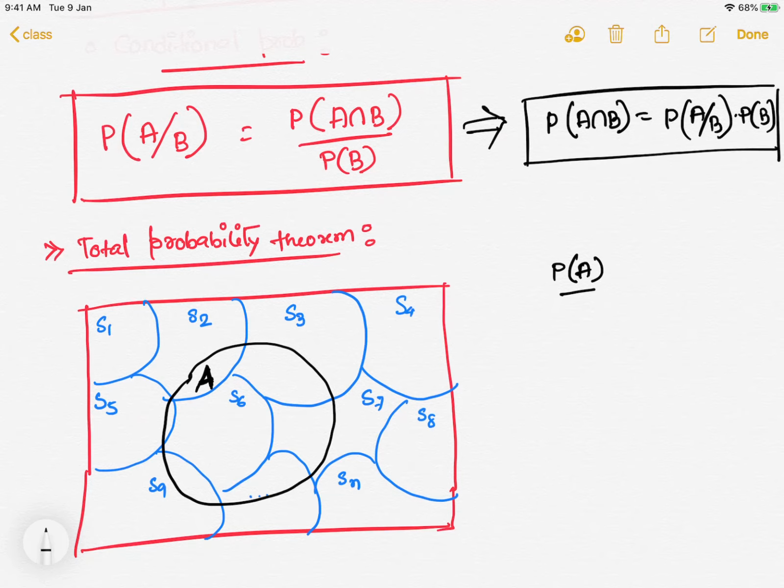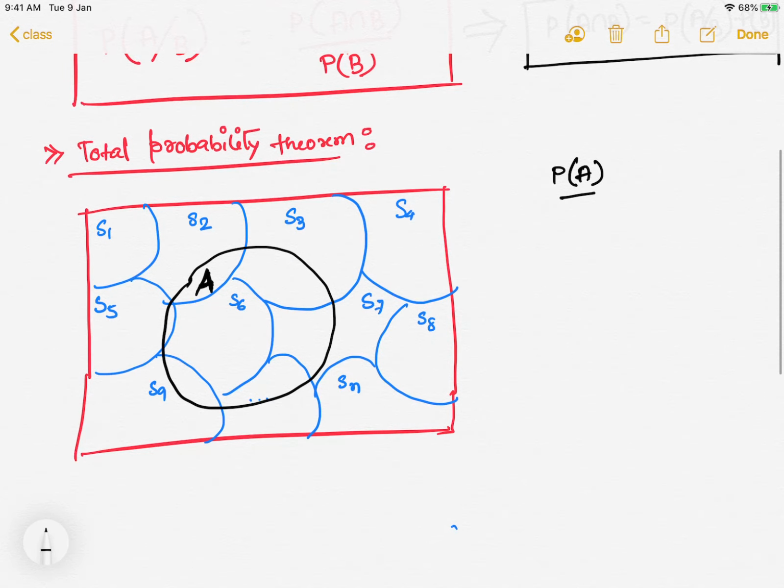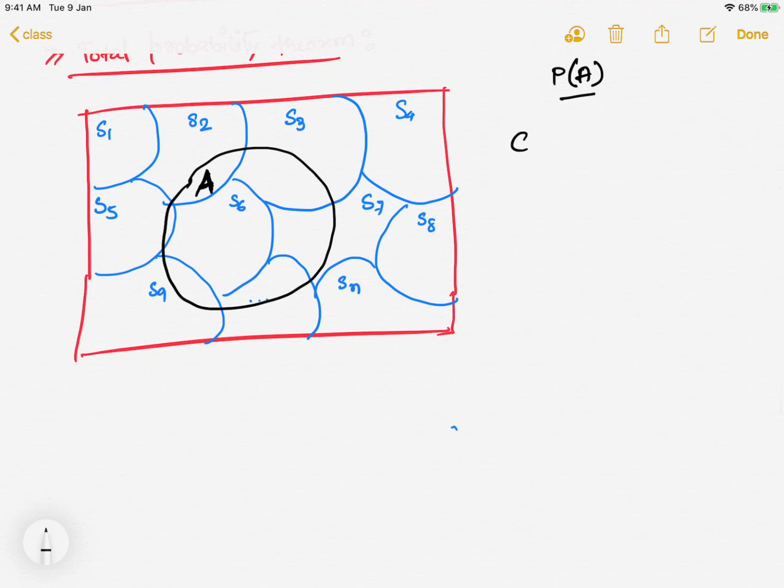Conditional probability, and to find the probability of event A we have to find the intersection with all the sample points, all the sample spaces. The criteria for each sample space is that every sample space should be independent.